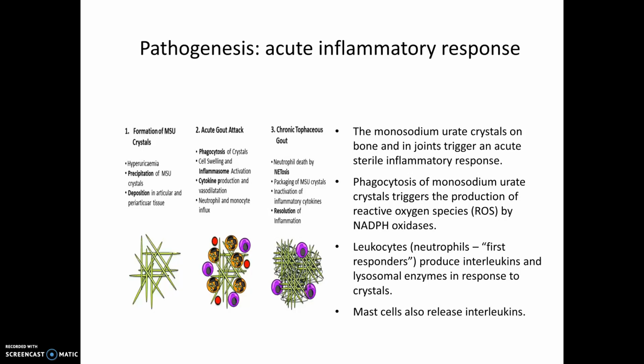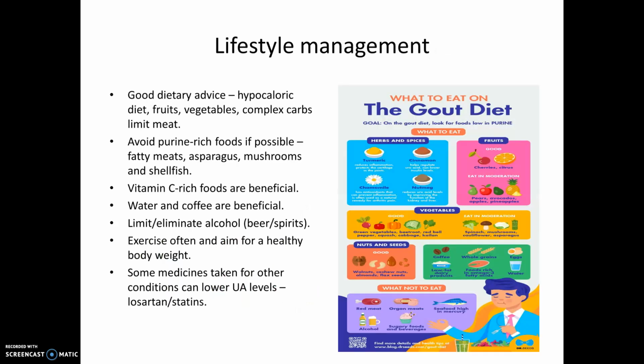The macrophages, the leukocytes, the mast cells are mounting this response, trying to degrade the monosodium urate crystals. Free radicals are being produced and lysosomal enzymes are being produced in response to the presence of these crystals, which the body actually doesn't degrade very successfully. But we do have this acute inflammatory response, which results in the affected joints being hot and inflamed.